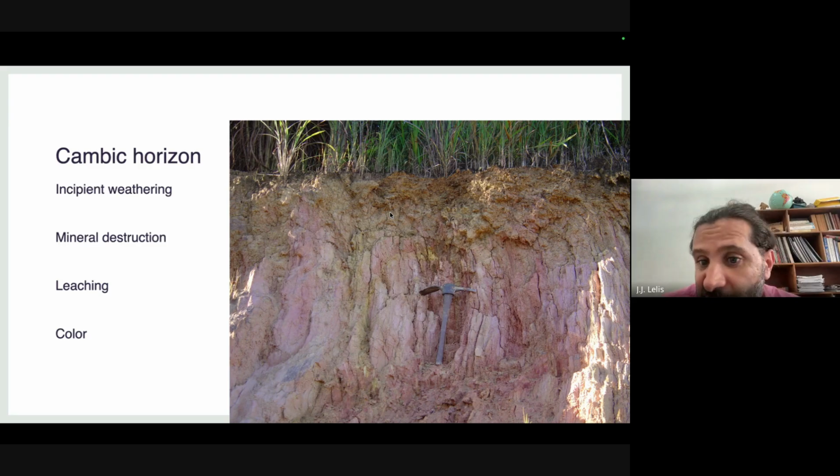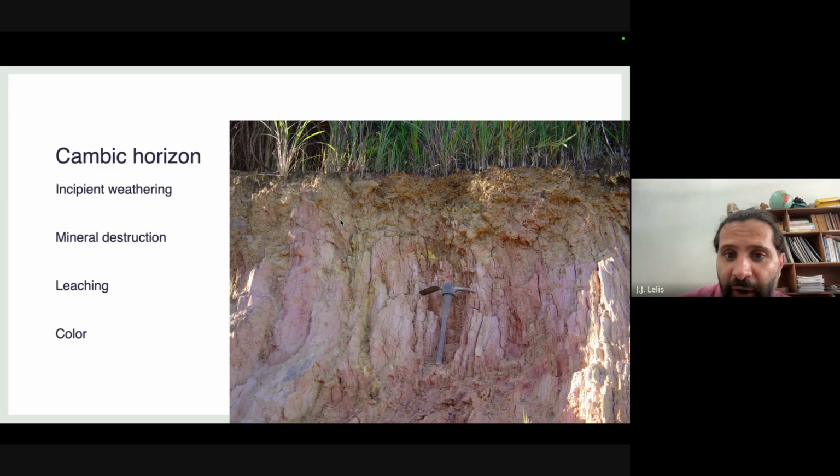So this is basically a Cambic horizon, because the structure is not intensively formed. I can see a difference of color between this horizon and the C horizon. And it's leached. It doesn't register any concentration of calcium carbonate, gypsum, or silica.